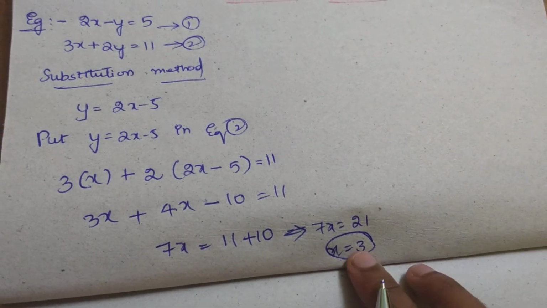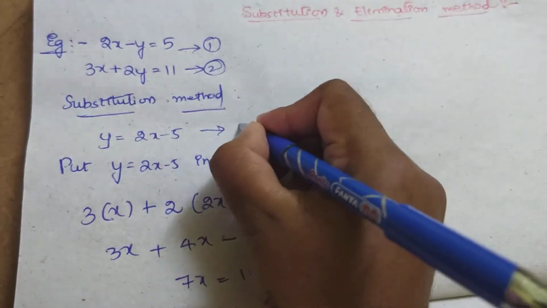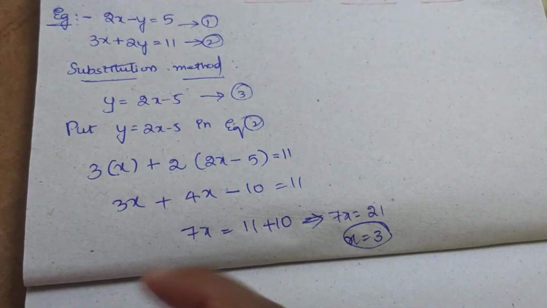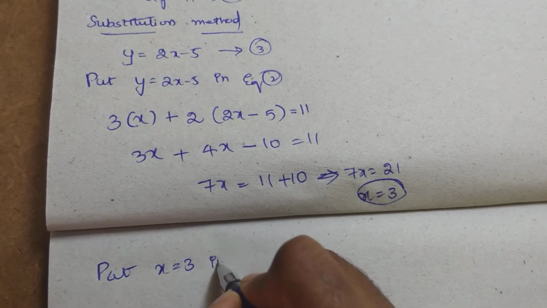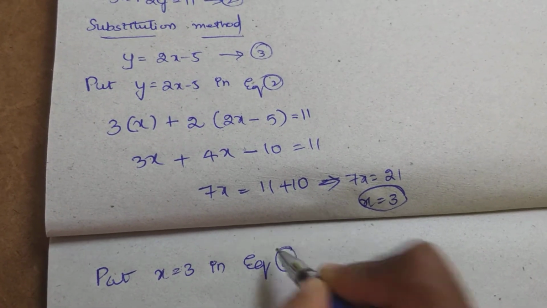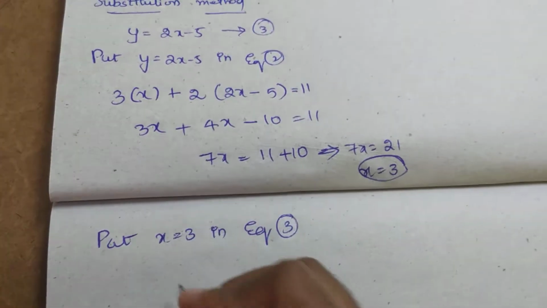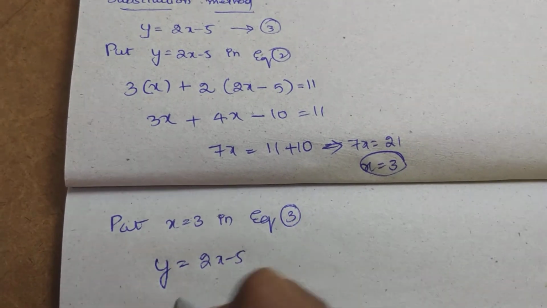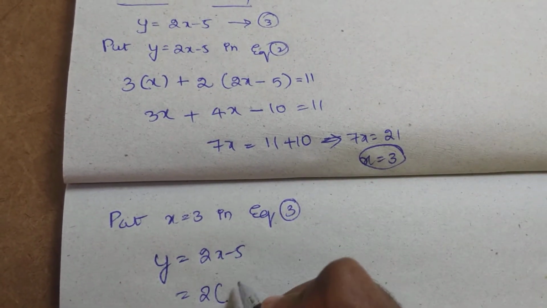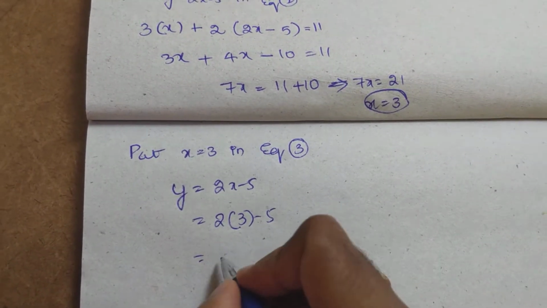When x equals 3, substitute this x value in the y value. Let us assume this as equation 3. So put x equals 3 in equation 3. We got the x value, right? Let us substitute this x value in equation 3 to get the y value. y equals 2x minus 5, which is 2 into 3 minus 5. 2 threes are 6, 6 minus 5 is 1.